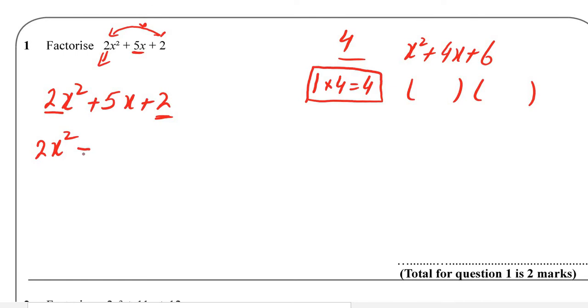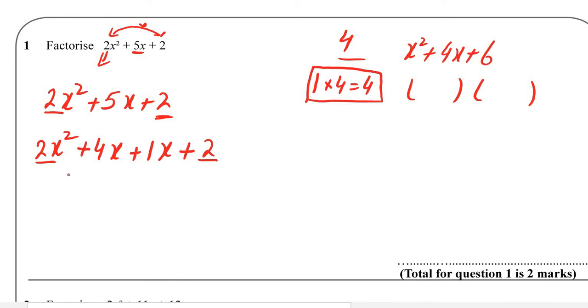You can write them in any order, it doesn't matter, and plus 2. The 5x we break down using the factors 1 and 4, so we get the same thing and it doesn't affect the expression.